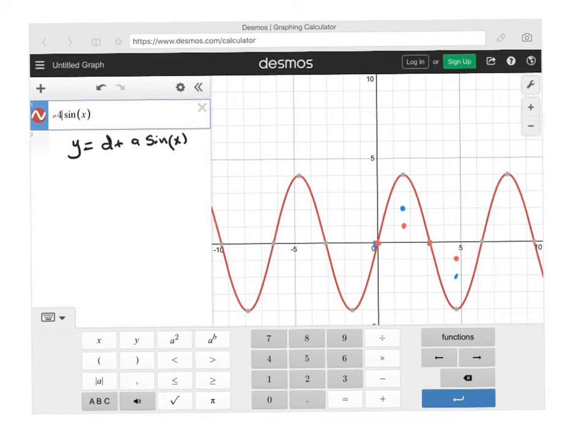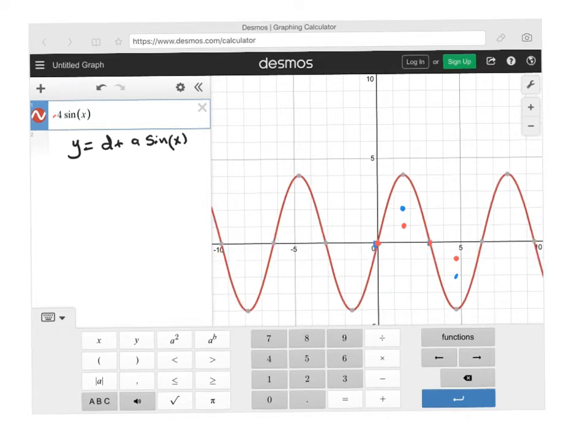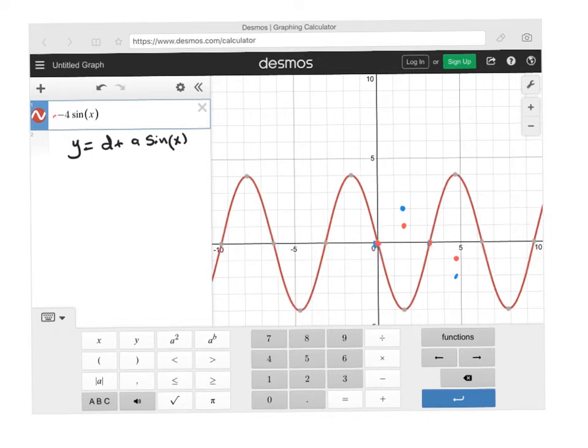Now, what happens if instead of a positive 4, we make it a -4? Let's see what happens when I hit that. Notice that the graph just flipped over. But it doesn't change how high and low it goes.